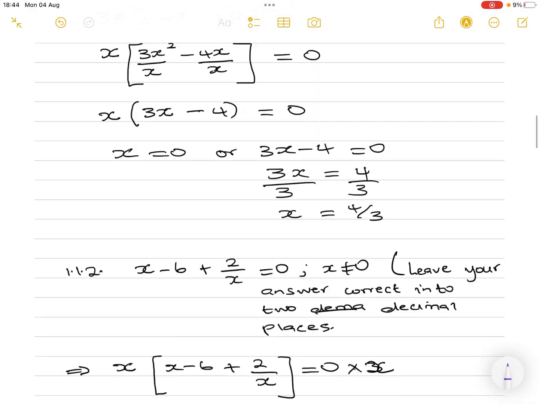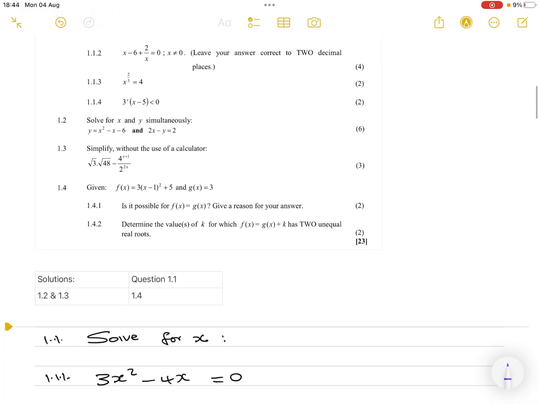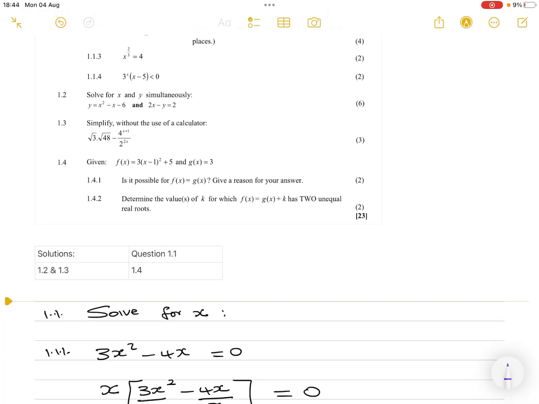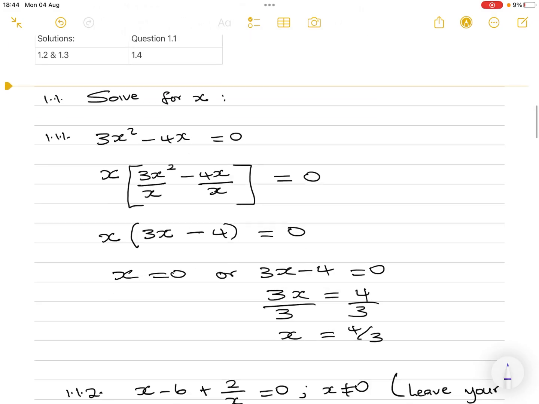All right, now I want us to look at this one, 1.4.2. Here we are required to determine the value or values of k for which f of x is equal to g of x plus k, which has two unequal real roots, for 2 marks.